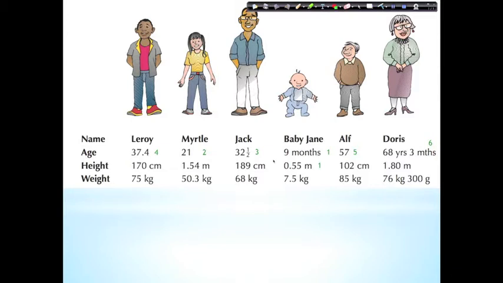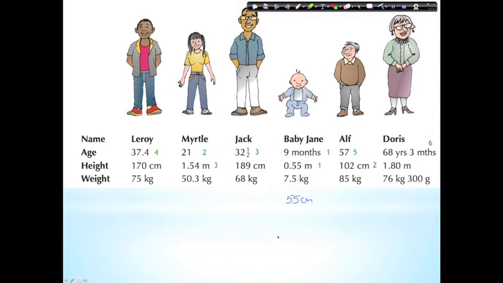Okay, and we've got a mixture of metres and centimetres. We need to know that there are 100 centimetres in a metre. So for Baby Jane, it's going to be 55 centimetres. Okay, the next one is 102 centimetres.